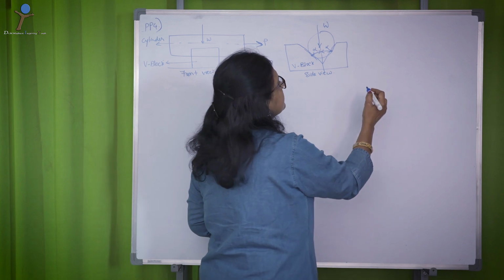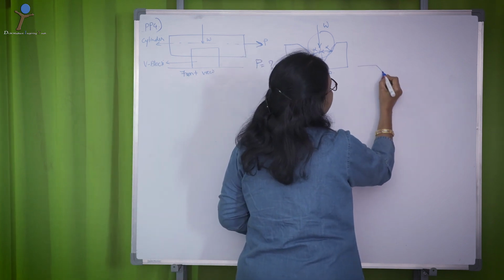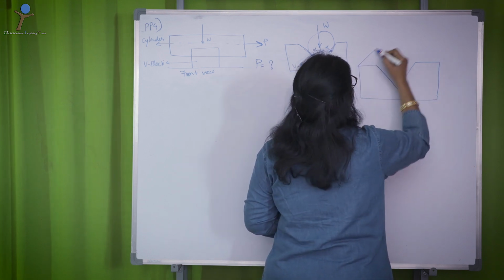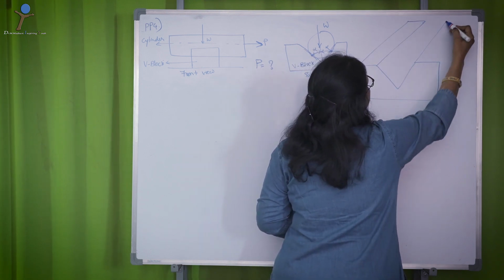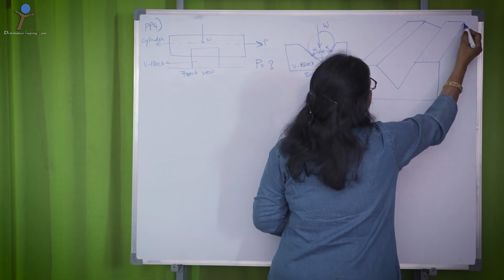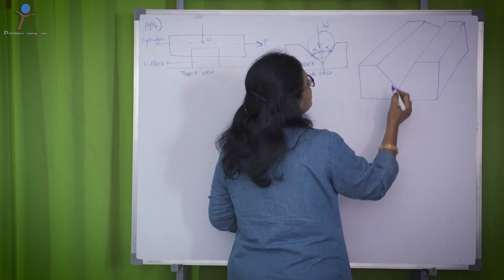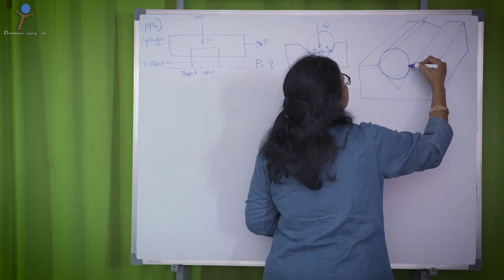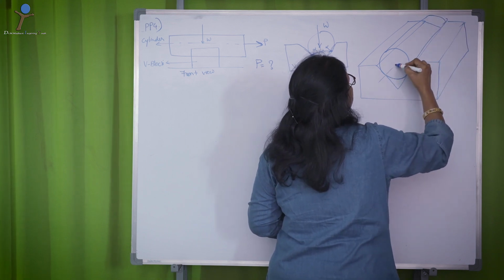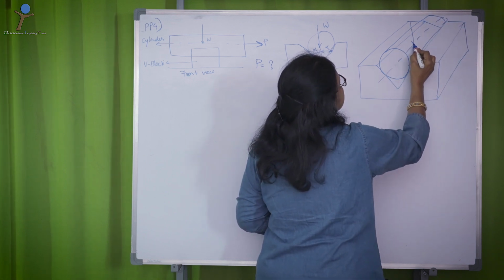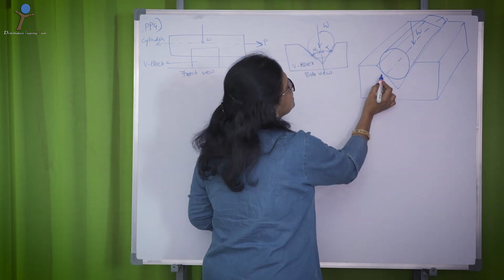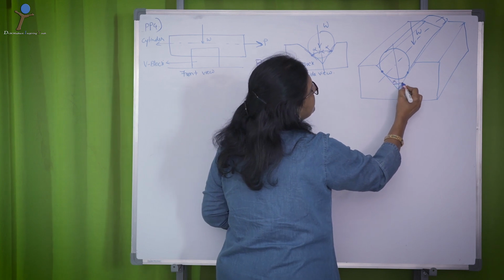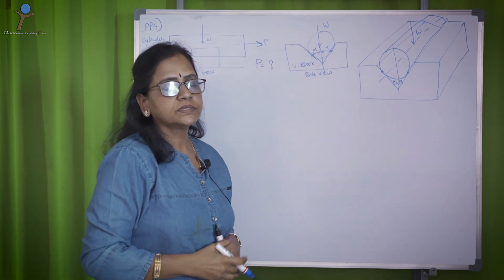Now, let me draw the complete picture of this V block, right, and the cylinder is resting on this V block whose weight is W. So, these are the contact points. This is alpha and this is alpha because the included angle is 2 alpha.